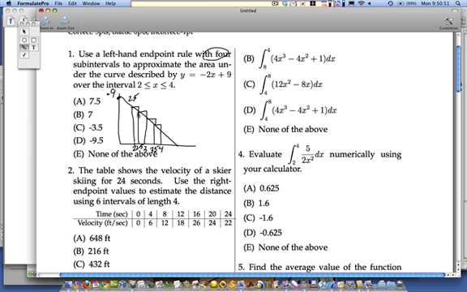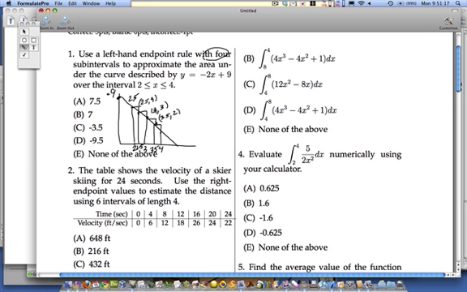So this point right here is 2.5, 4. This point right here then is going to be 3, 3. This one is going to be 3.5, 2. And this one right here we really don't need, because we don't need to know how high that is, because we're using the left-hand endpoint of this subinterval.